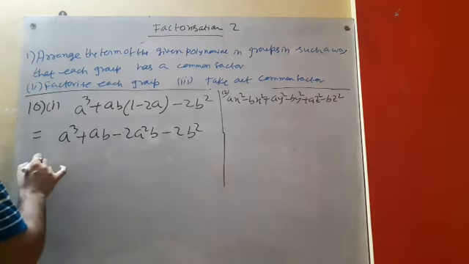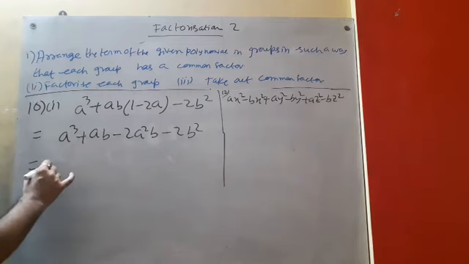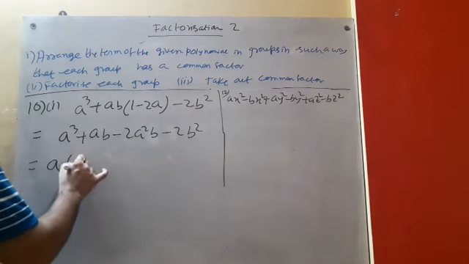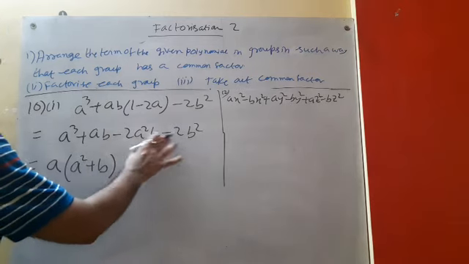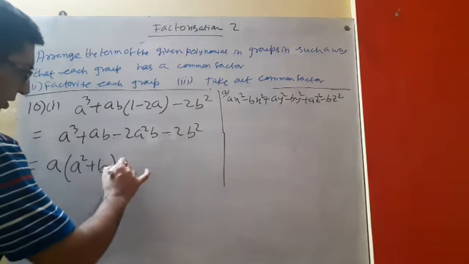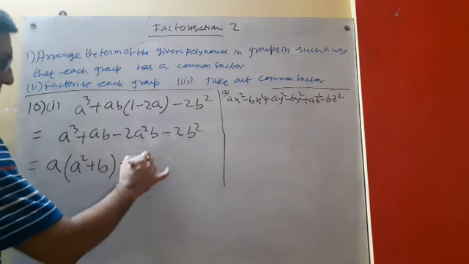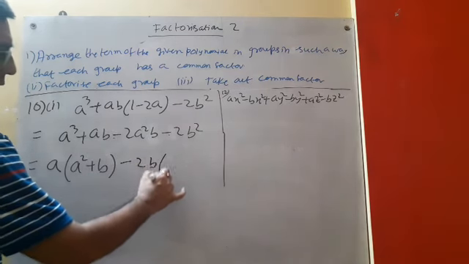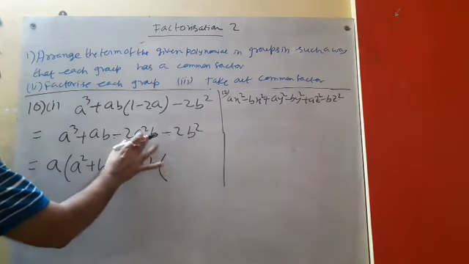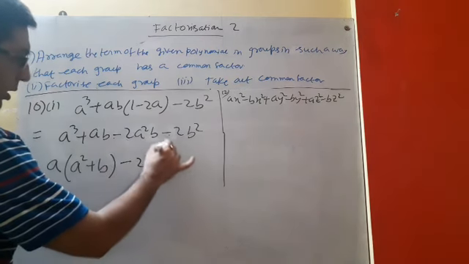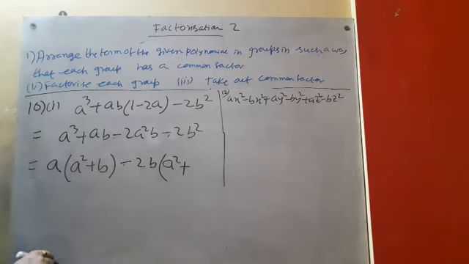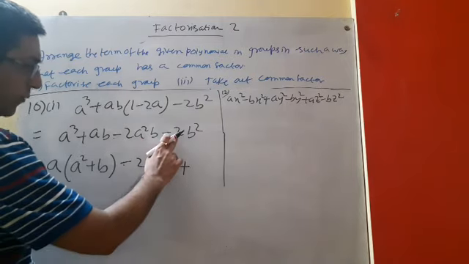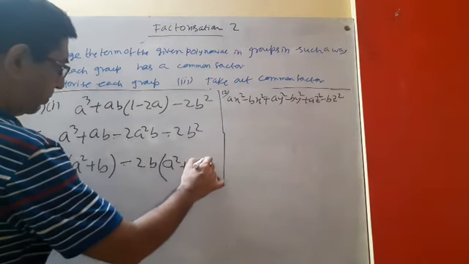From a cube and ab we take common a, so we get a square plus b. And from the other two, minus 2b is common, so we are left with a square plus b, because taking minus common changes the sign.